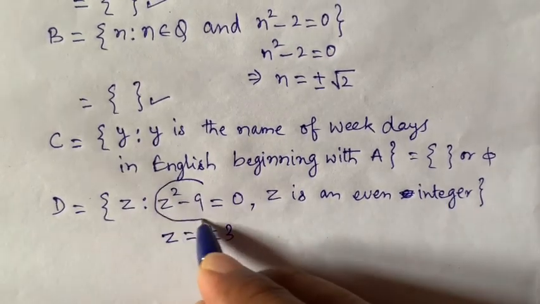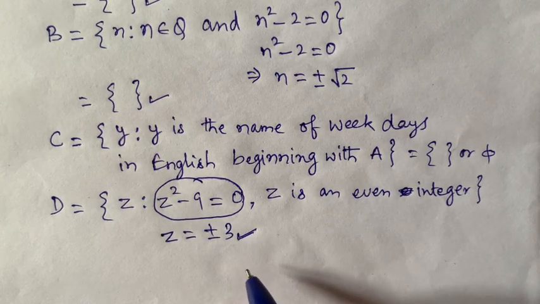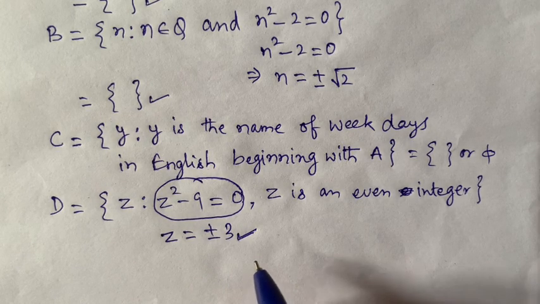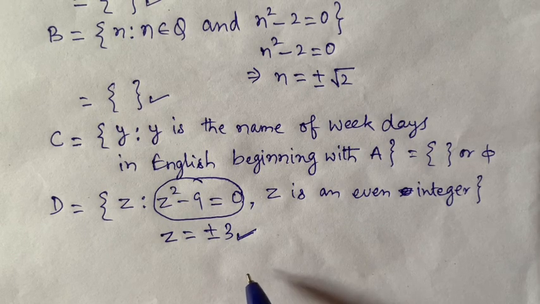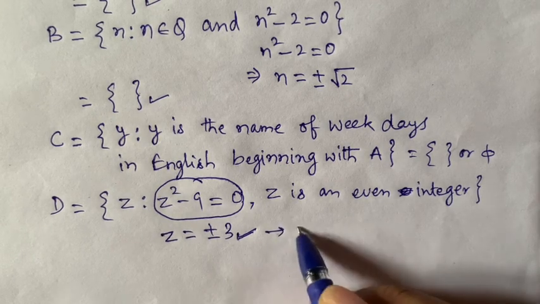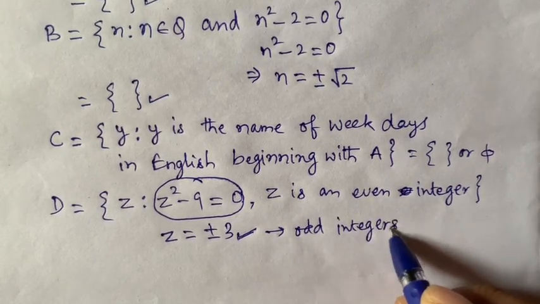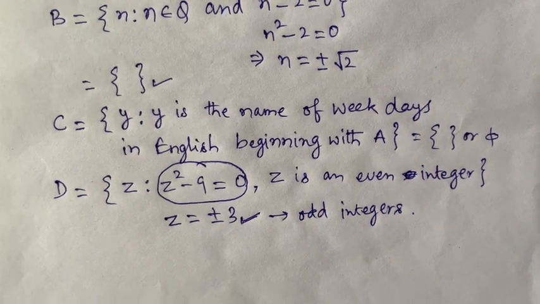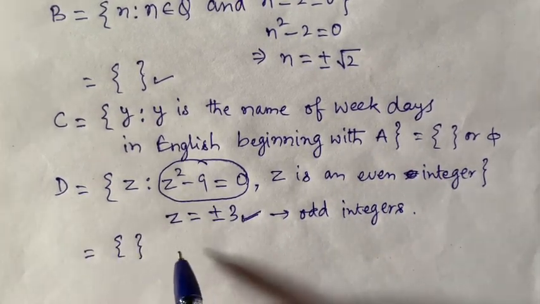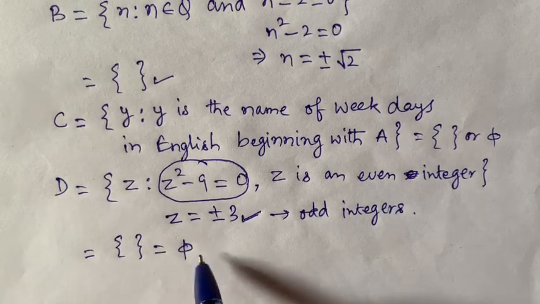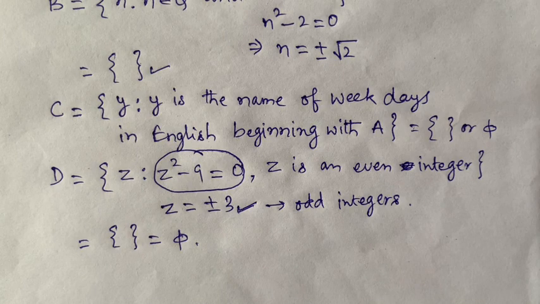Are plus minus 3 even integers? No, they are not even integers. They are odd integers. So again we won't be able to write any element for this, and it will be phi. So the empty set we have already defined.